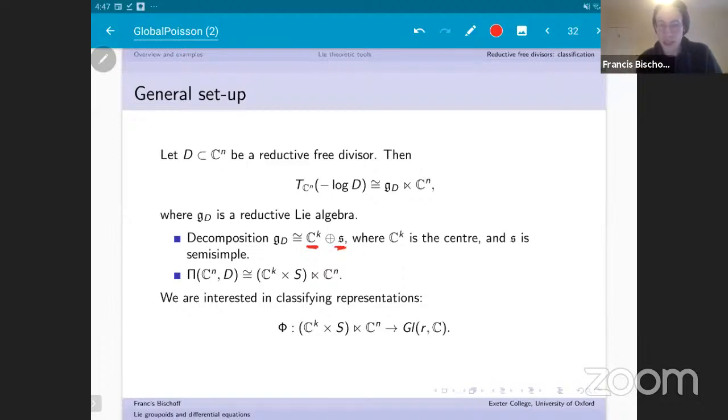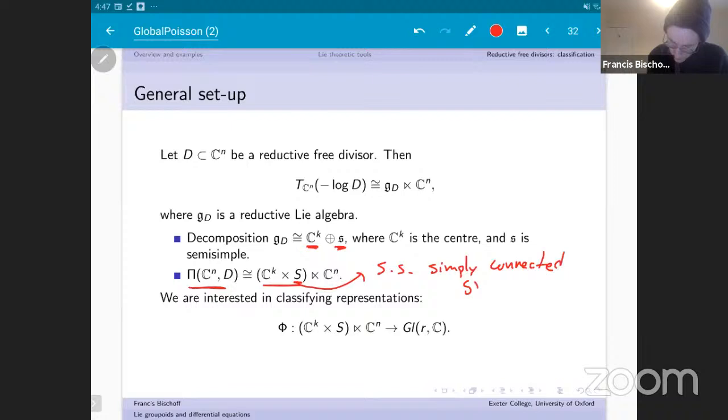So this means that the twisted fundamental groupoid integrating the algebroid is given by the linear action of a group, which is the product of C^k and a semi-simple simply connected group.